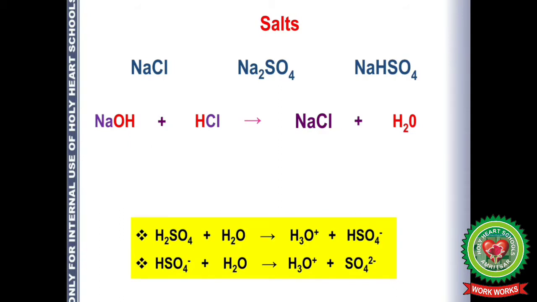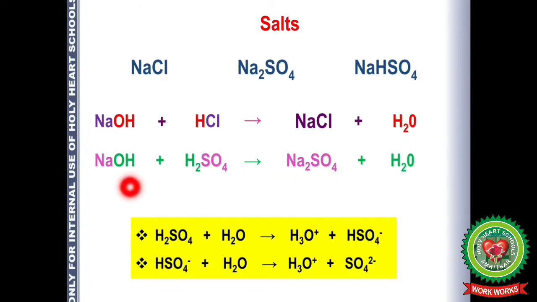So let us take an example in which we are preparing sodium sulfate. To prepare sodium sulfate, we need to react sulfuric acid with sodium hydroxide. Why sodium hydroxide? Because the compound which we have made contains sodium. So that part we will take.